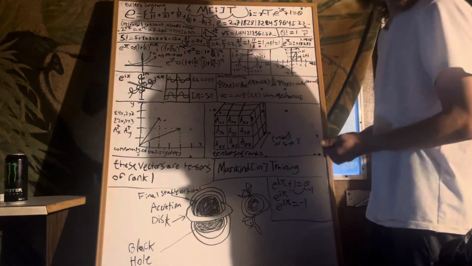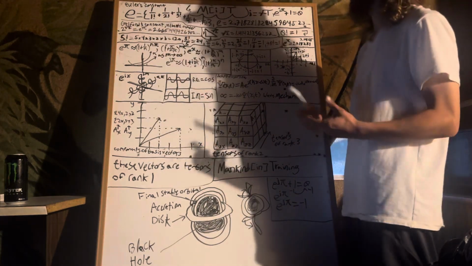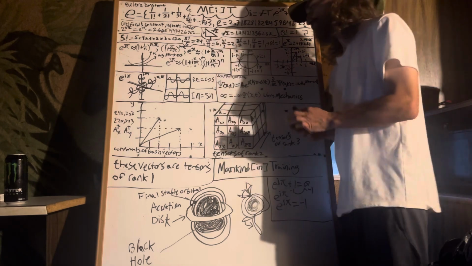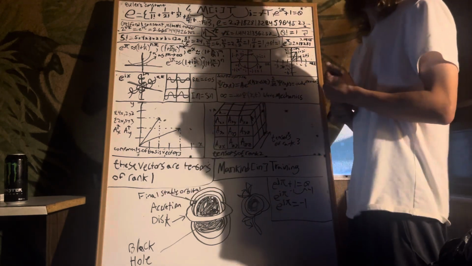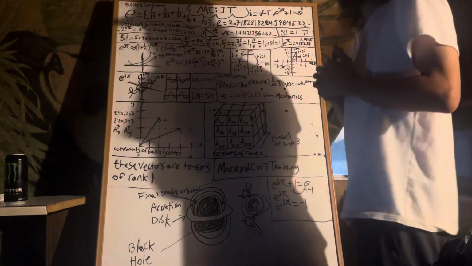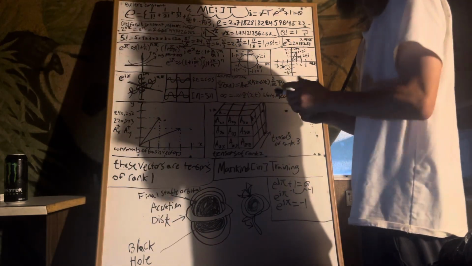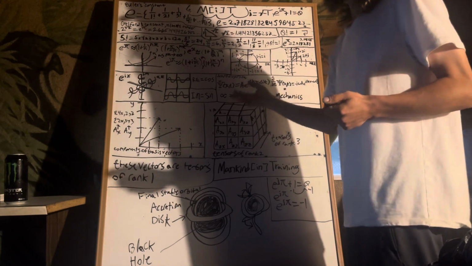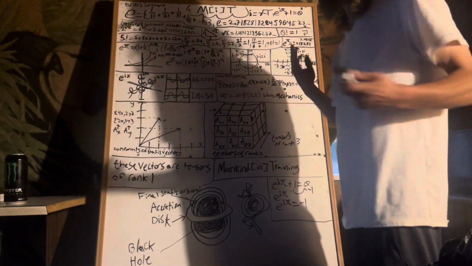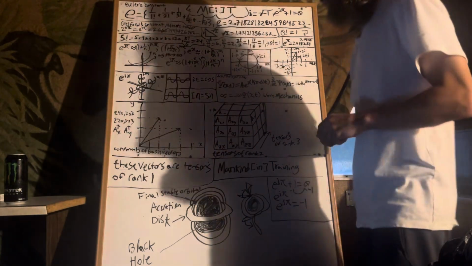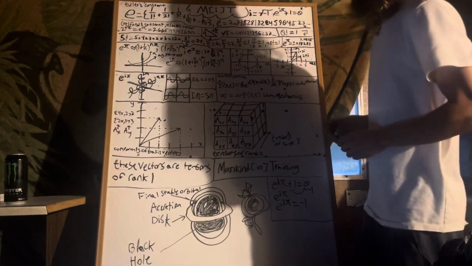You get trigonometric functions out of imaginary numbers. The sine and cosine waves are extremely important. They're used all over the place, and so are e to the i pi and e to the ix.